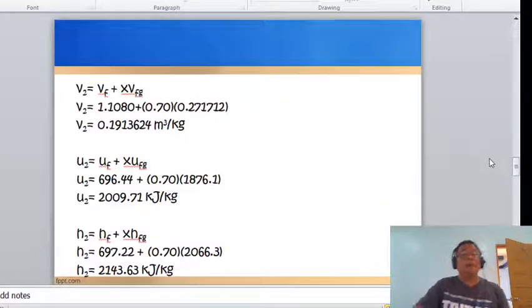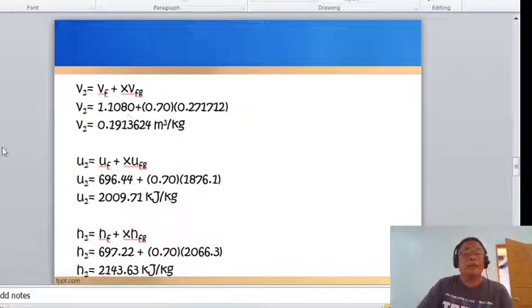Solving now for the specific volume at state 2. Take note, class, that at 0.7 and 70% quality, this is the final condition of the steam. Computing, the specific volume v2 is 0.191362 cubic meters per kilogram. Similarly, u sub 2 is equal to u sub f plus x times u sub fg.